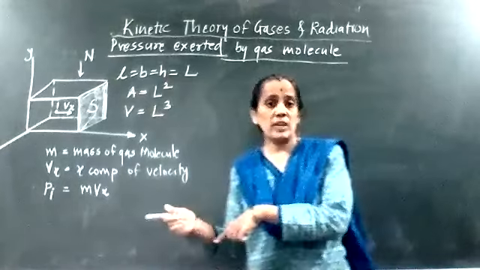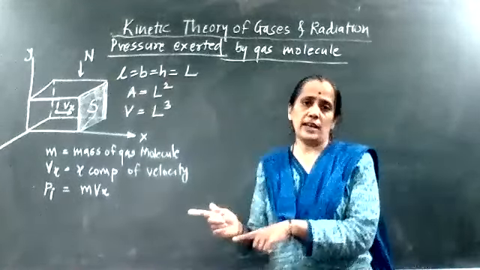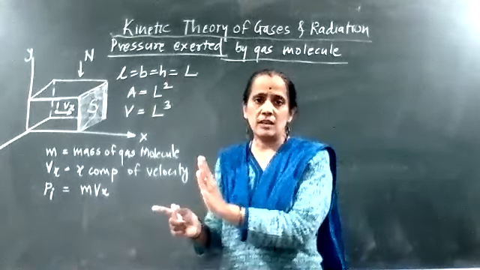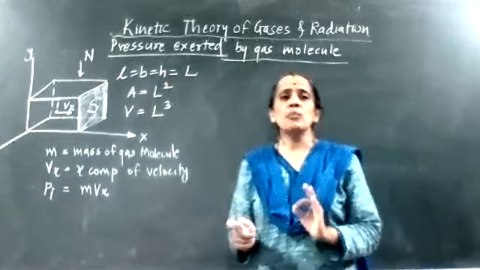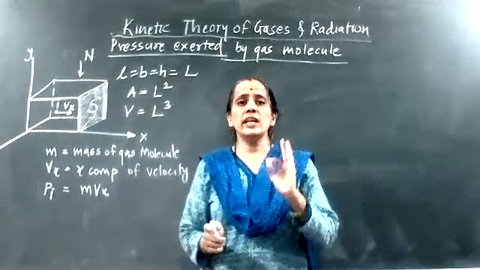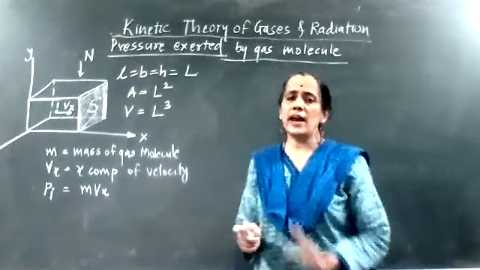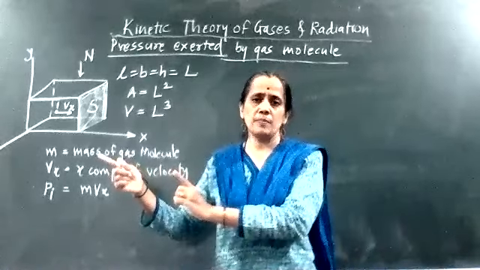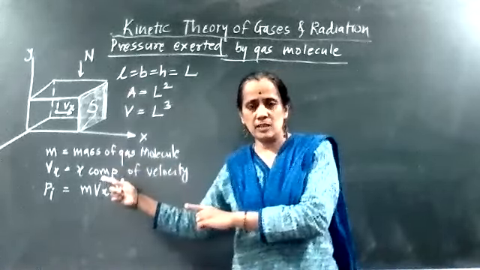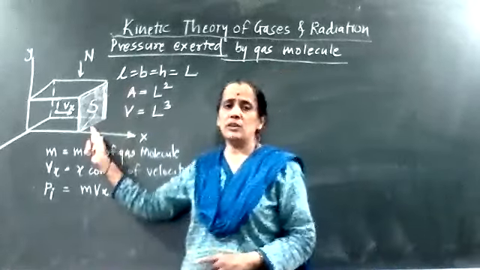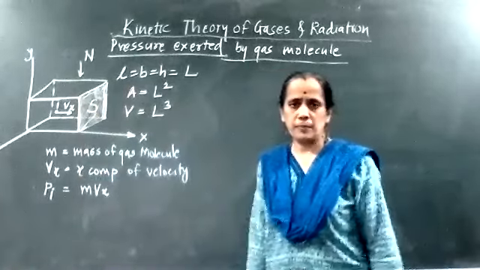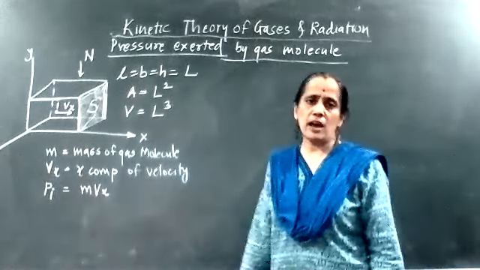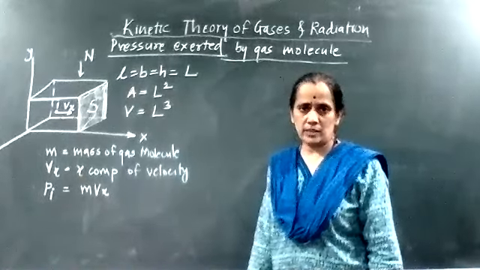And hence here what we are considering is that when the molecule is traveling along the x-axis, its only effective velocity component is Vx. We are neglecting its y component and z component, because the molecule is traveling parallel to the x-axis and collides with surface S, which is parallel to the YZ plane. Therefore, I am saying that the initial momentum of the gas molecule Pi is nothing but m into Vx.